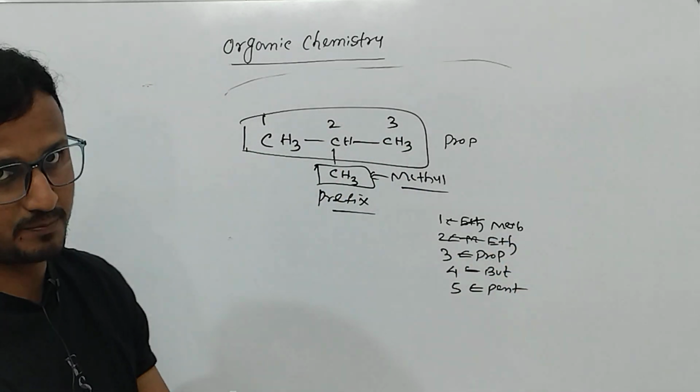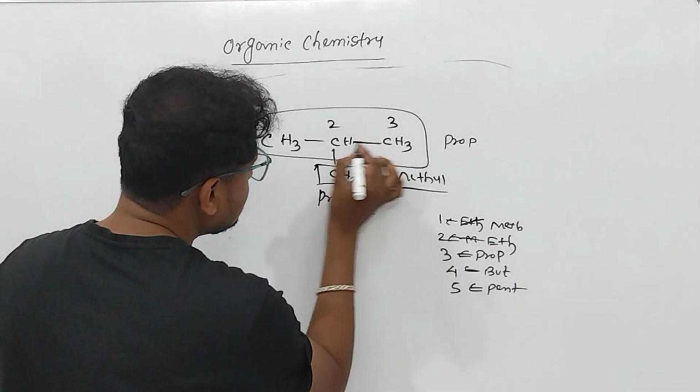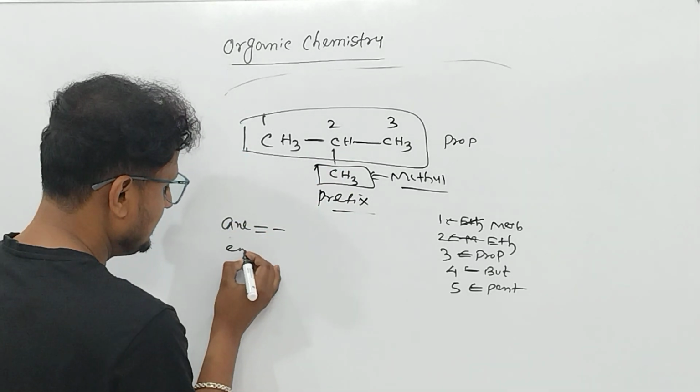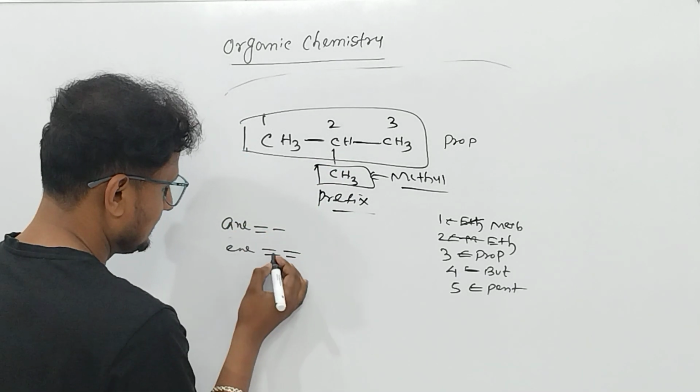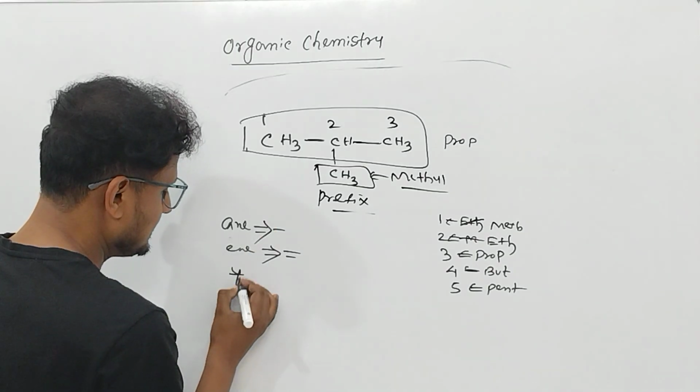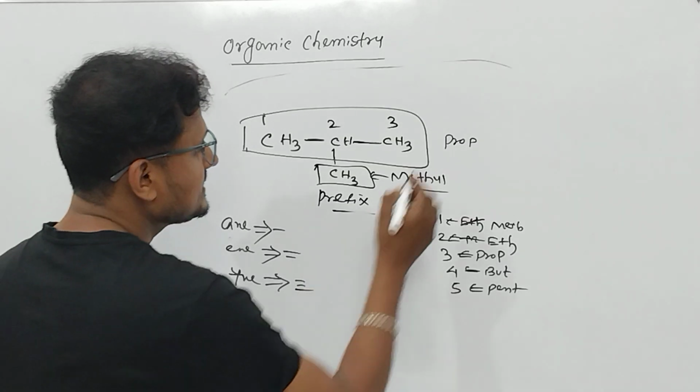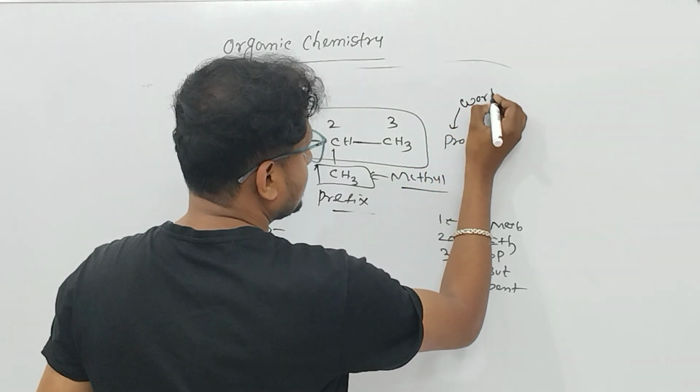So 3 carbon prop. And what type of bond is present? Single bond. We know that ane means single bond, ene means double bond, and yne means triple bond. So prop comes in the word root.